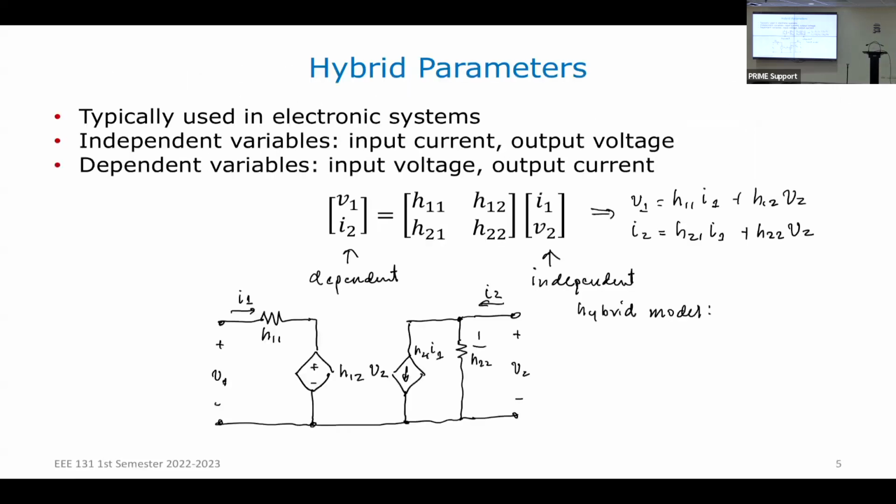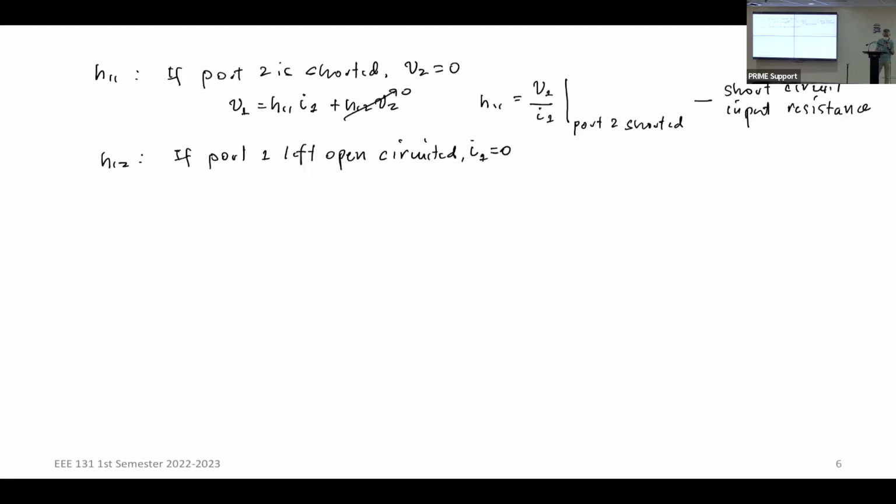So even kung bukas, hindi ako magkakabit ng kahit ano rito, kung wala akong ikakabit dyan, itong current na to will be equal to 0. Okay? So what will be the value of H12, no? If we take a look again at this equation, we have V1 is equal to H11I1 plus H12 V2. So this is going to be 0. Or H12 is equal to V1 over V2.